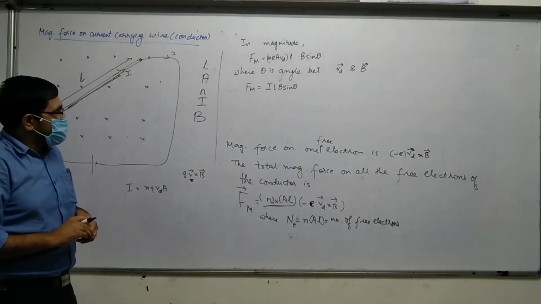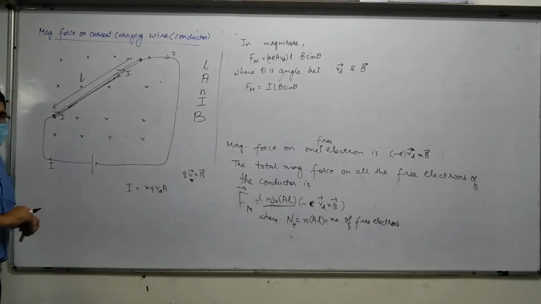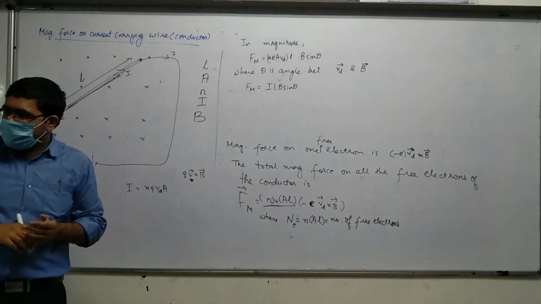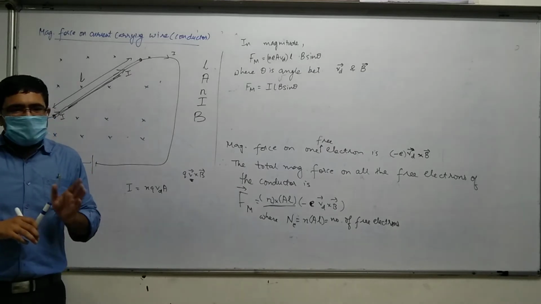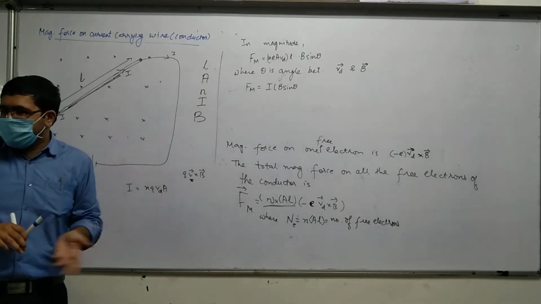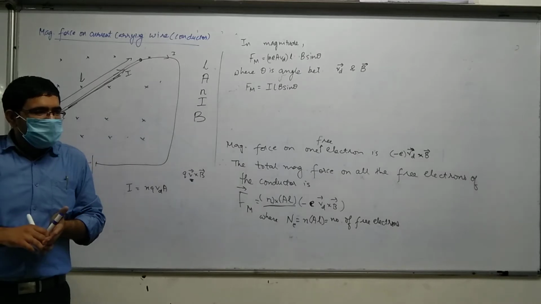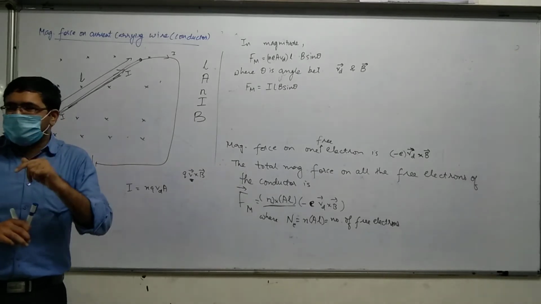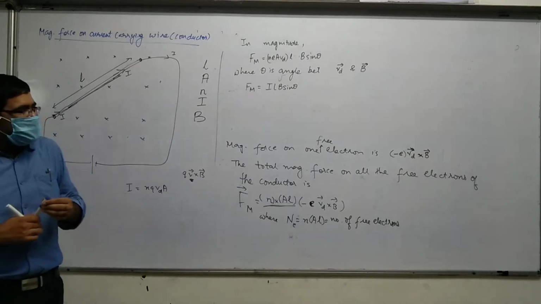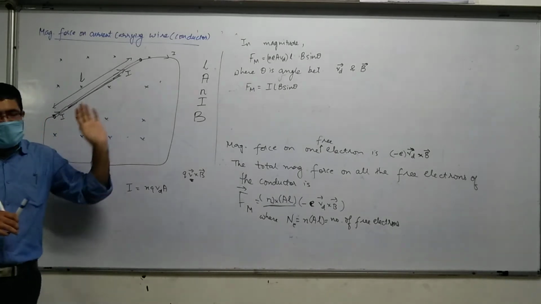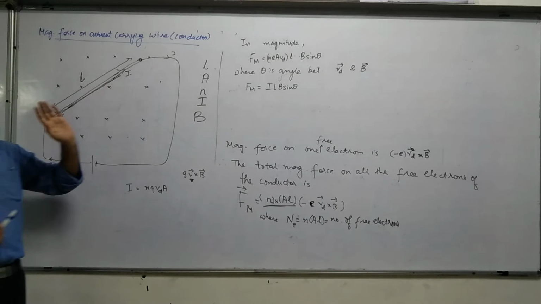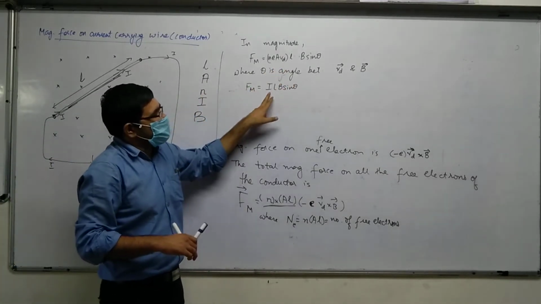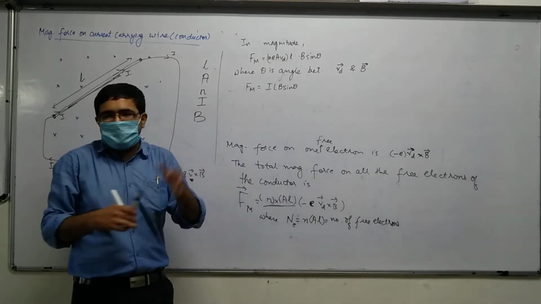One more. Do you remember the drift velocity of electrons? The drift velocity of electrons is opposite to the direction of current. Sure? Yes, because electrons are negative. In general, if we assume flow of a positive charge, then the drift velocity and current are in the same direction.